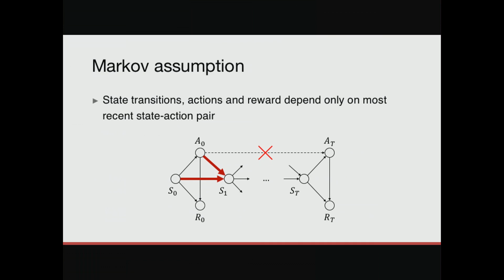Something that's not allowed under the Markov assumption is an edge like this, which says that an action at an early time influences an action at a later time. And specifically, it can't do so without passing through a state. It very well can have an influence on A_t by this trajectory here, but not directly. That's the Markov assumption in this case.